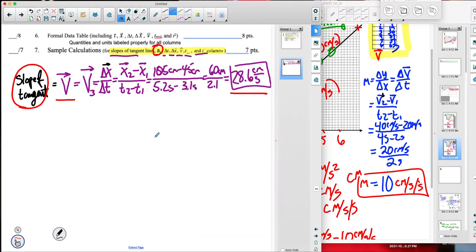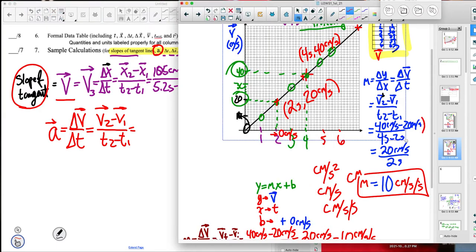Like I did before, you want to start with what you're calculating, which is the rate of acceleration. How do we do that? We're going to use change in velocity divided by change in time: velocity 2 minus velocity 1 divided by clock reading 2 minus clock reading 1. I'm using the data from the slope of this graph over here.